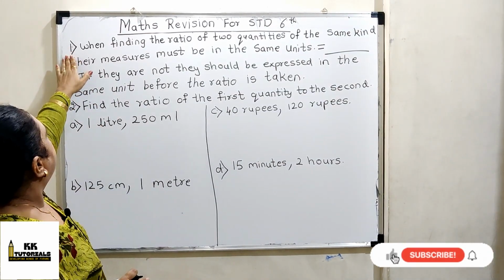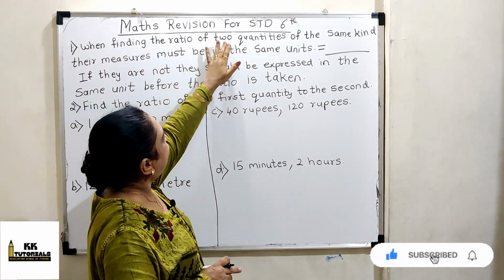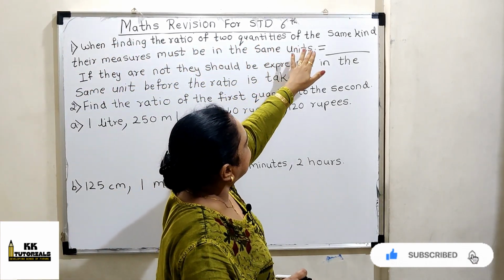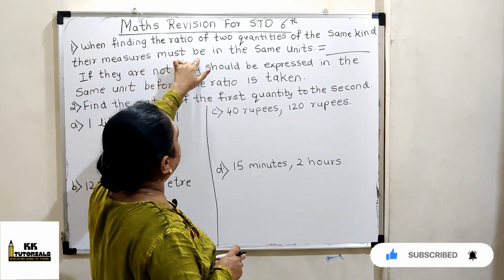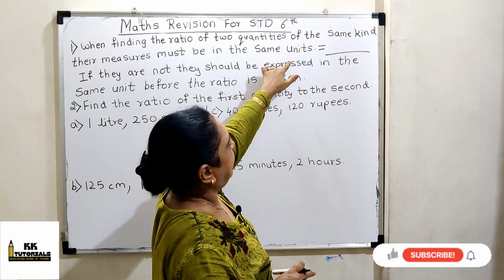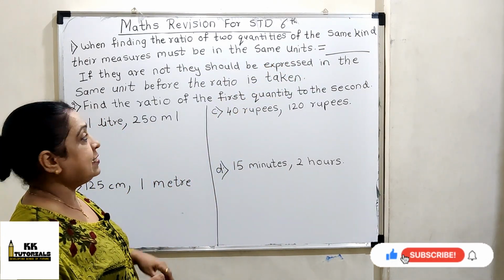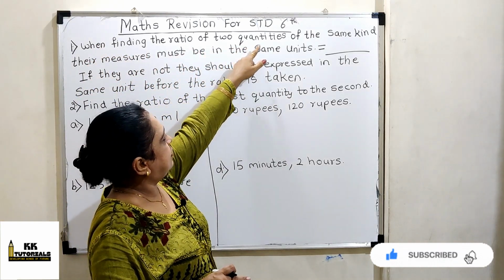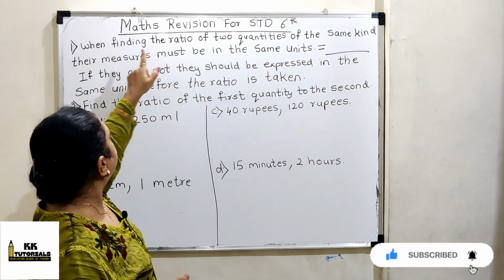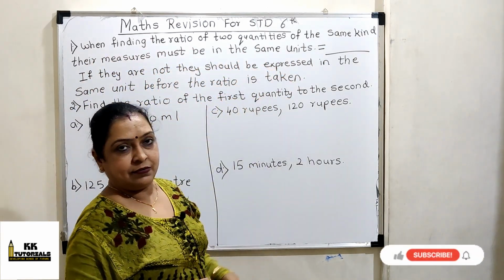Now, sum number 1. When finding the ratio of two quantities of the same kind, their measures must be in the same unit. Is it true or false? I'll read once again. When finding the ratio of two quantities of the same kind, their measures must be in the same unit.